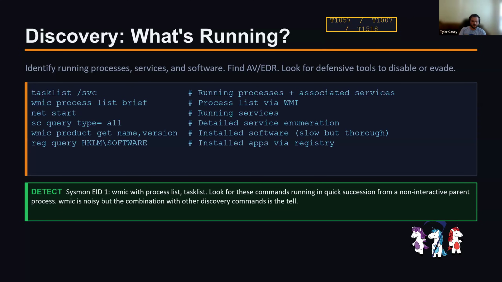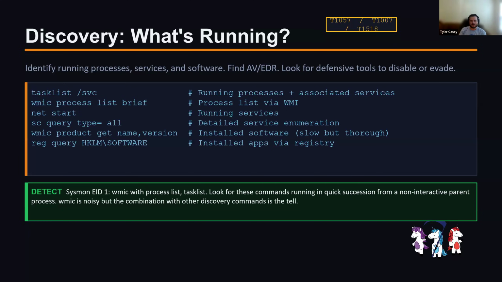So we know who we are, we know what's around us, now we want to know what's on the endpoint itself. So in here are just some simple ways to see what processes are running. A couple different ways, via tasklist or WMIC. The detections for WMIC or WMI are different because they're stored in a different location in the logs, so you might see an adversary using either one of those.